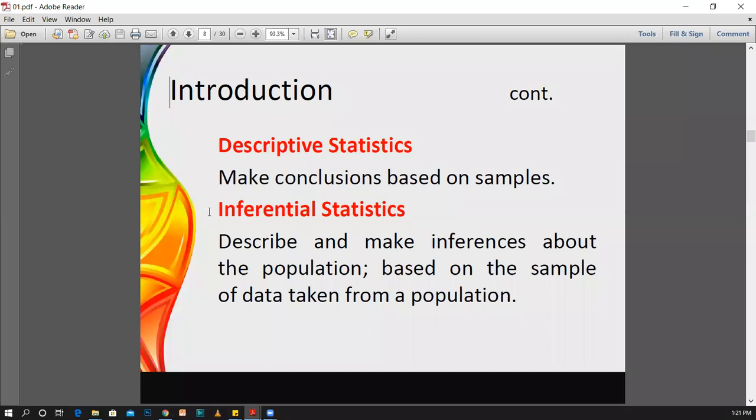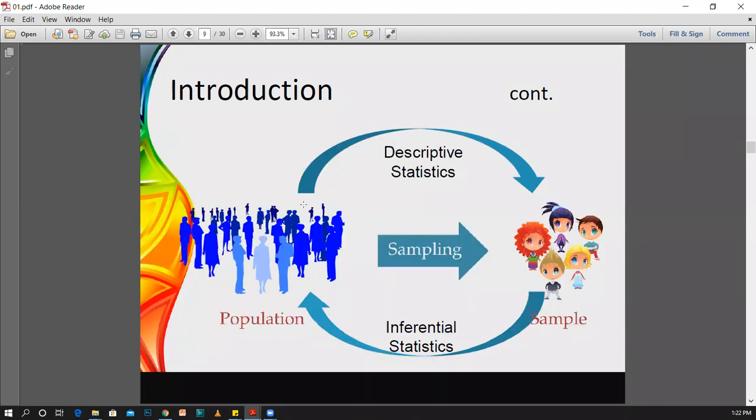Inferential statistics describes and makes inferences about the population based on the sample of data taken from a population. Therefore, statistics can be divided into two parts, descriptive and inferential. If you look at this picture, what we have done was, from the population, you have identified the sample.